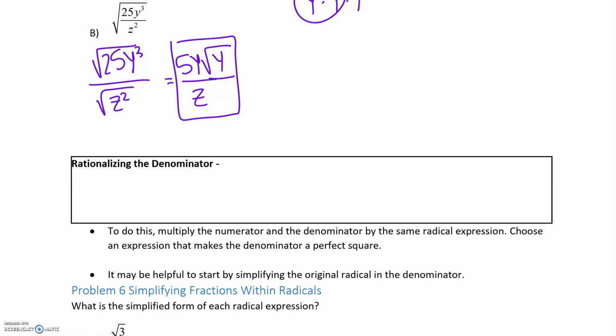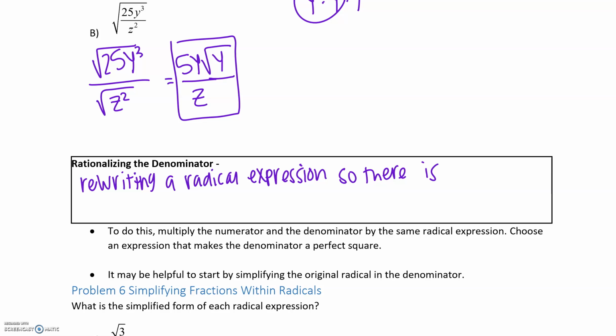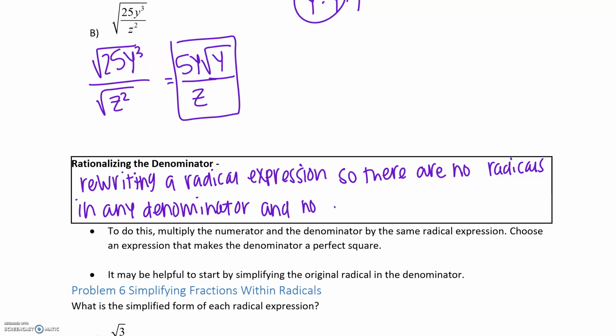Okay. So rationalizing the denominator means that we are rewriting a radical expression so there are no radicals in any denominator, and no denominators in any radical.